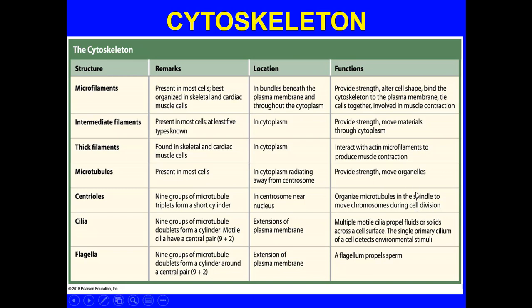But the key point here is that cilia differ from flagella because cilia are attached to the cell and they are moving substances past the cell. For example, in your trachea, you will have cilia on some cells on the inner lining of the trachea, and they move this thin layer of mucus upwards. The mucus is used to trap particles like bacteria, dust particles, smoke particles, etc.